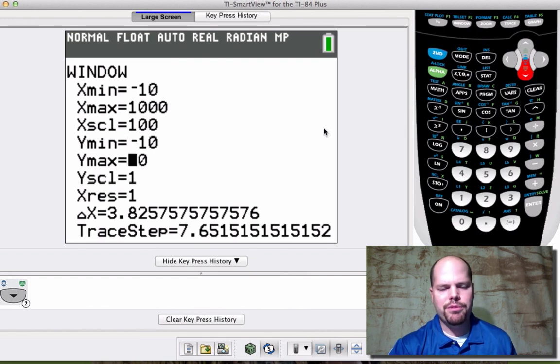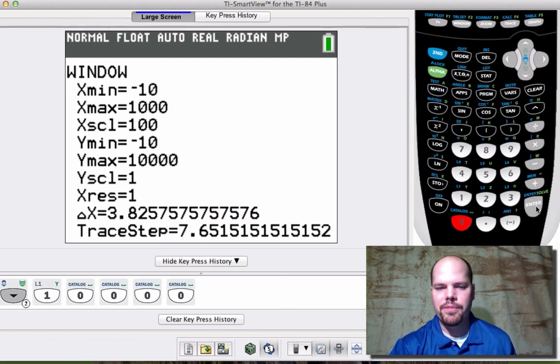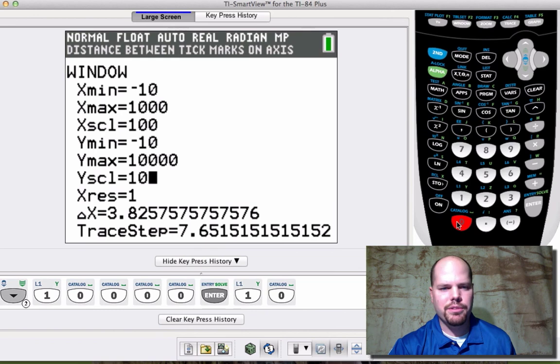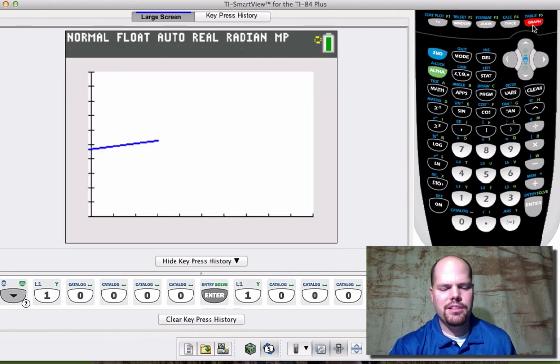The y max, if you serve 588 customers and the revenue is $10 a piece, you need to go to 5,880. So maybe let's go up to 10 grand just to kind of see what we see, and maybe count by 1,000s. All right, press graph. We should see at least a decent graph here. We still need to change it. Pretty good graph, just because the main thing that I want is this intersection point.